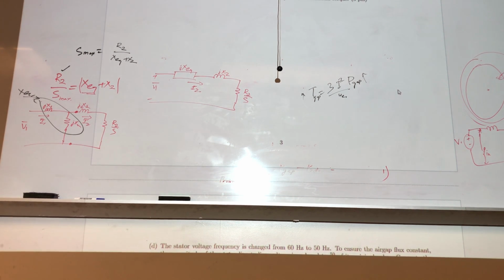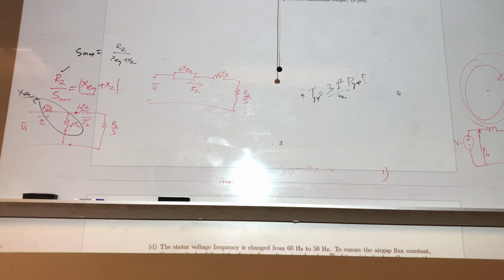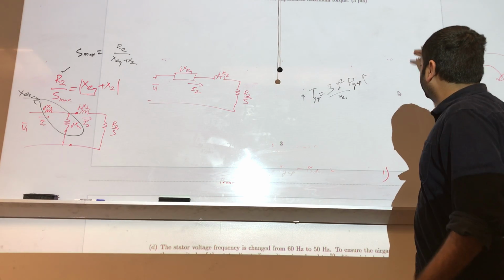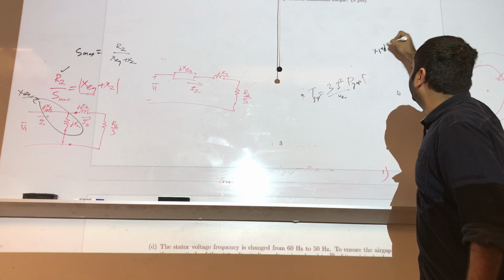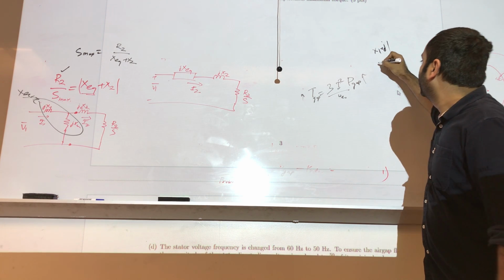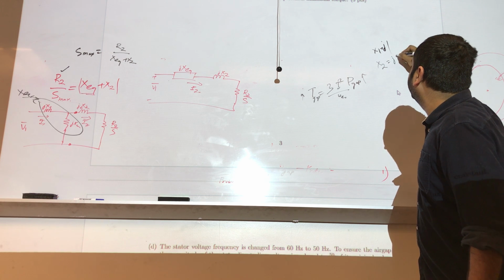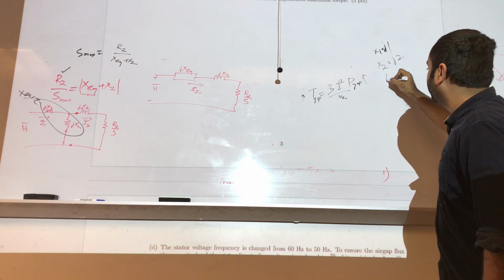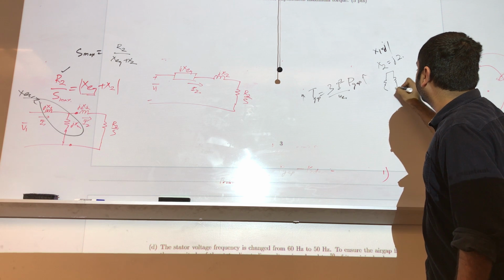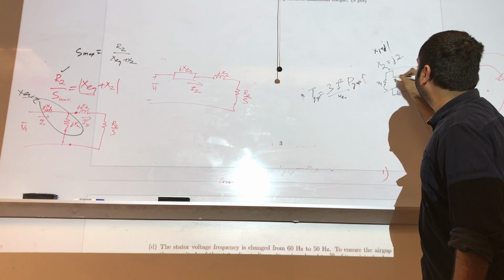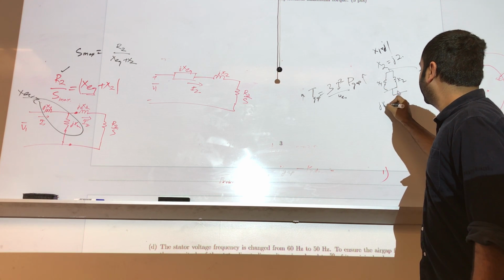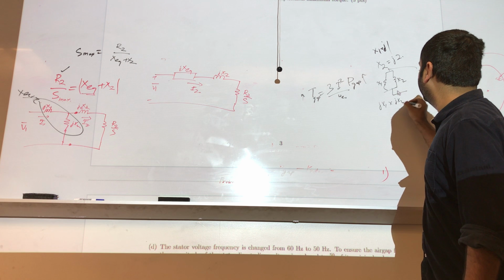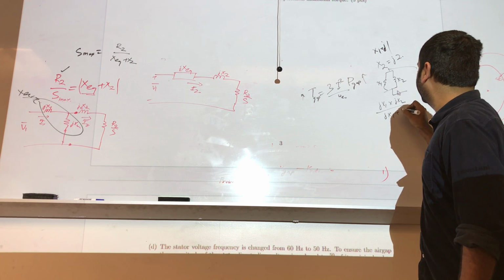Could you quickly explain how you got rid of the j's? Okay, you just get rid of it. Suppose we have X1 equals j1 and X2 equals j2, and both of them are in parallel. What is the total impedance? Total impedance is nothing but jX1 times jX2 over jX1 plus jX2.